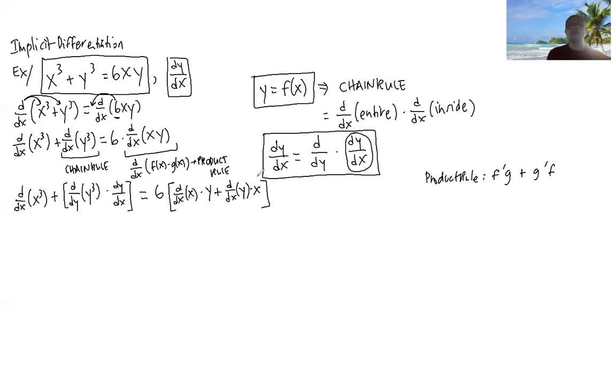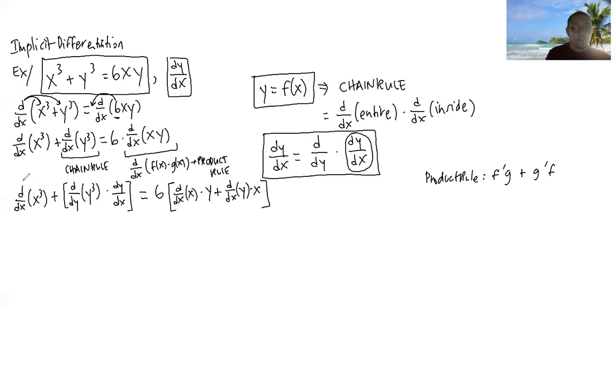And if you're a bit confused on this, feel free to go back to the video where we talked about the product rule, okay? And so you'll notice that this term here, d over dx of y, looks like this a little bit, okay? So let's solve this across, and then I'll stop once we get to a certain point, okay?